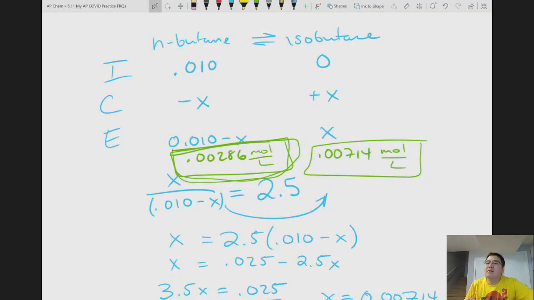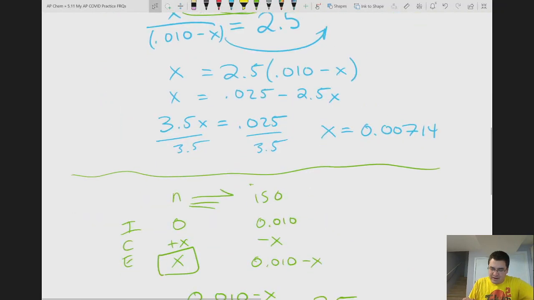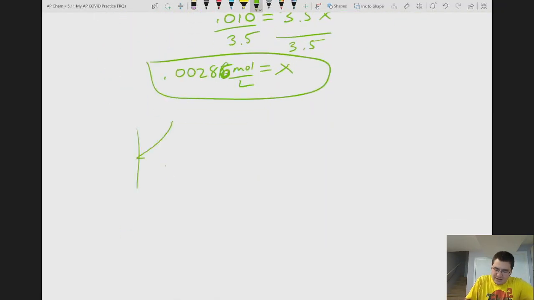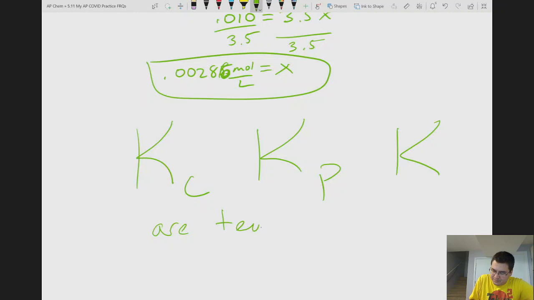Change the temperature. So all you would have to change is the temperature. It's important to know that this capital K, KC or KP or just capital K, these are all temperature dependent.